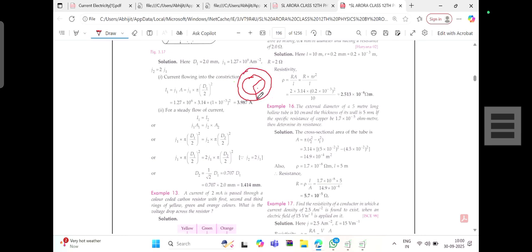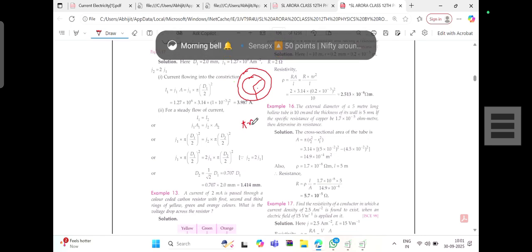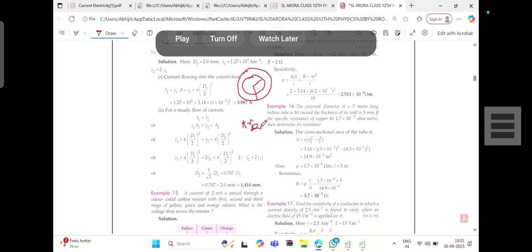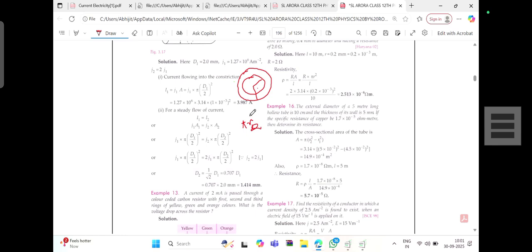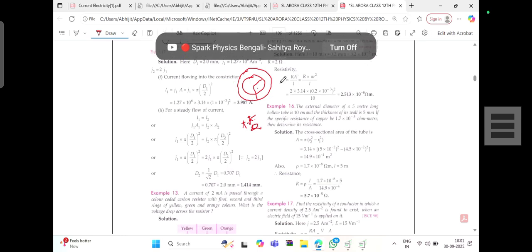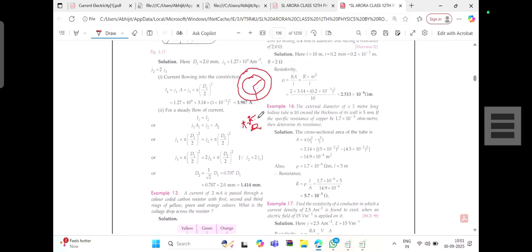So the area of this outer surface is πR2², minus the area of the inner surface.